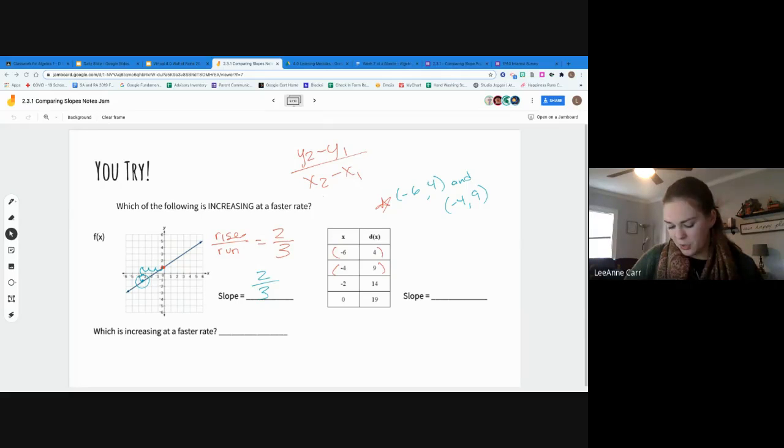Finn, what do you think? What'd you get as your slope? What don't we know? Where did we get confused, Finn?